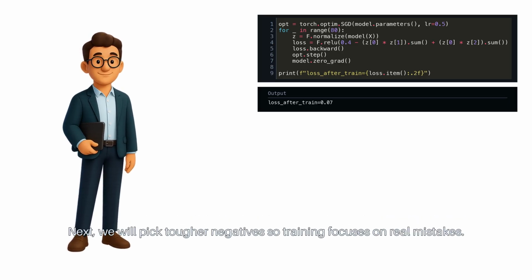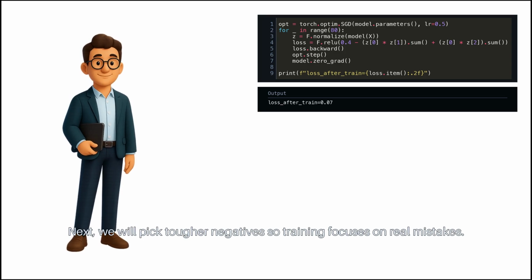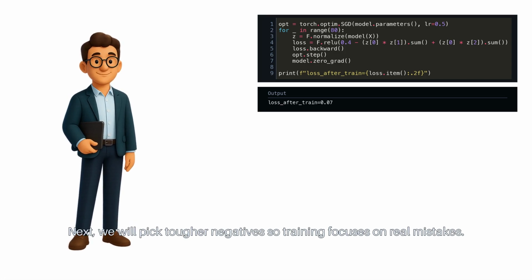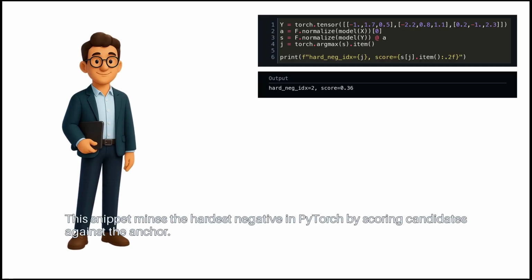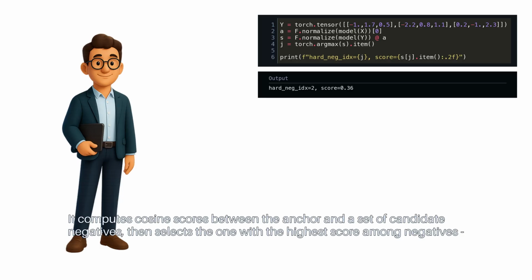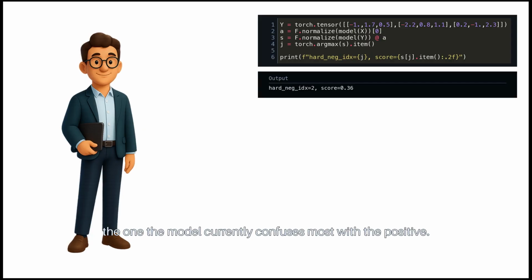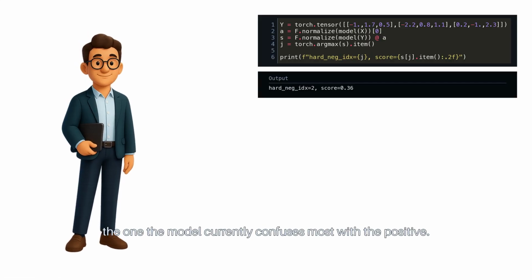Next, we will pick tougher negatives, so training focuses on real mistakes. This snippet mines the hardest negative in PyTorch by scoring candidates against the anchor. It computes cosine scores between the anchor and a set of candidate negatives, then selects the one with the highest score, the one the model currently confuses most with the positive.